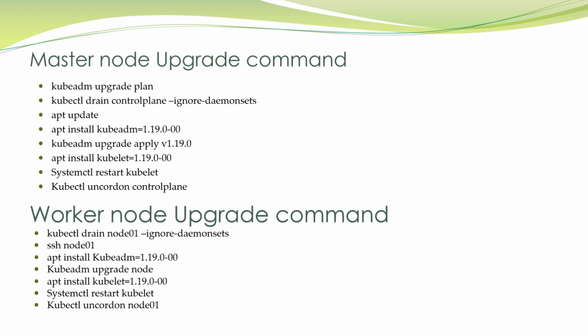After that, do all the updates, installing kubeadm, and applying the kubeadm upgrade. After that, install the kubelet on the master node component and restart the kubelet. After the kubelet starts, you need to make the control plane master node ready to work.